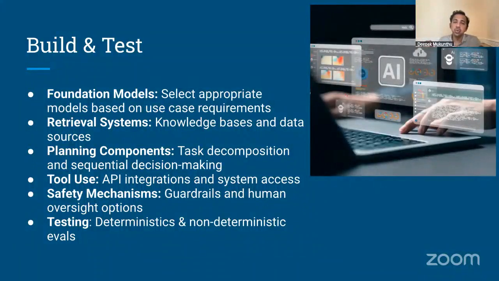And the fourth one is tool usage. LLMs can do a lot of things, but they need to have access to data, which we talked about in the retrieval system bullet point. But they also need access to various APIs and various tools that they can act on.